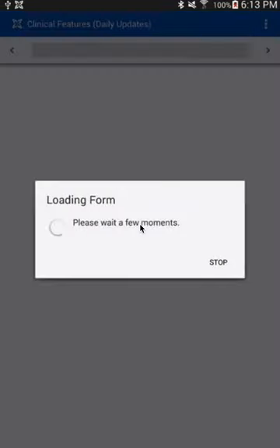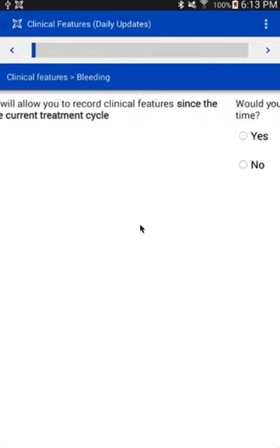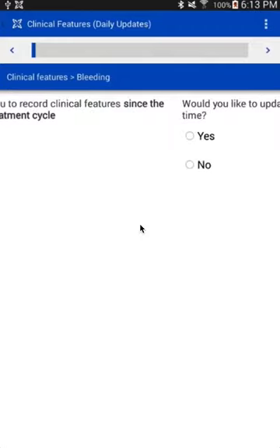If we select clinical features, this form will allow you to record clinical features since the start of the current treatment cycle. So this now is entering the data for the second cycle, right? So this is important.